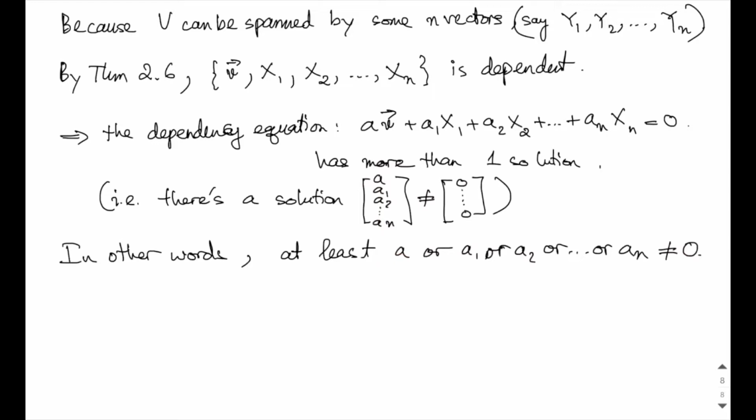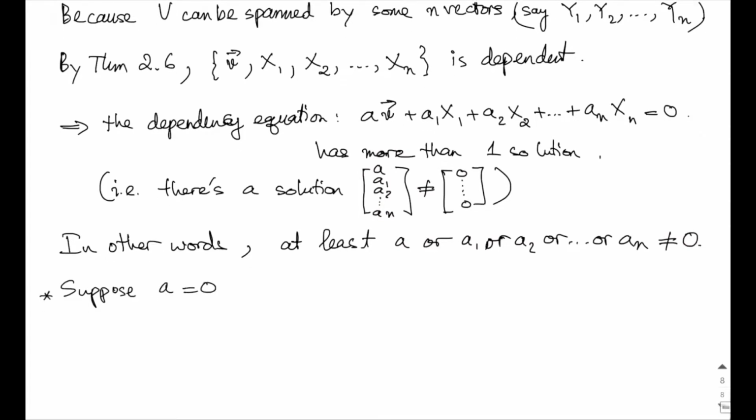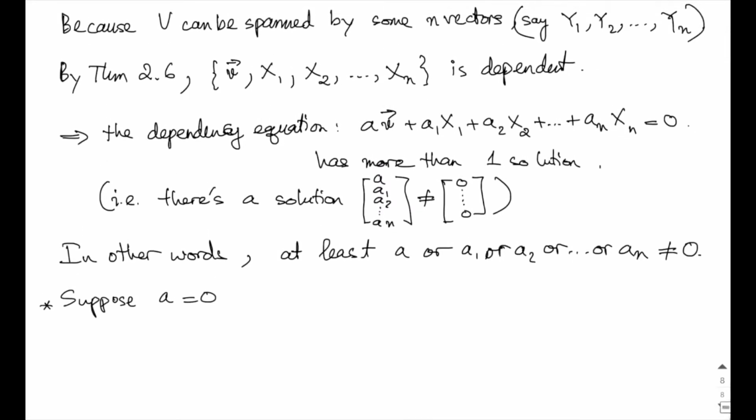So this is how. Now, suppose a is 0, then see what we'll have if we can develop a contradiction. That's going to be sweet. Then some ai will be different from 0. And here the i can be any number from 1 or 2 to n. We don't know, just some ai.